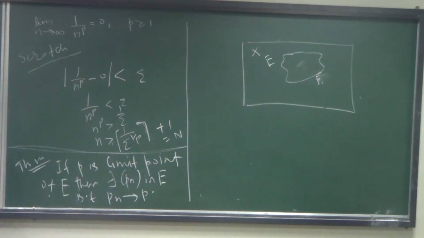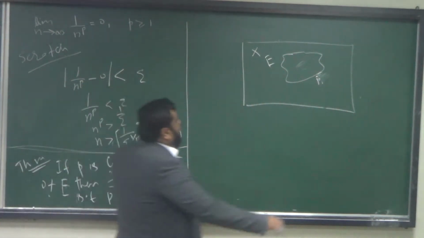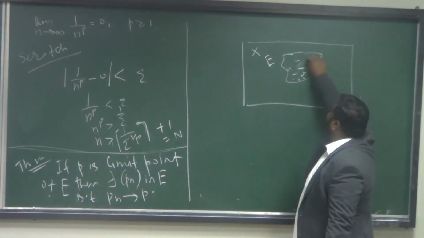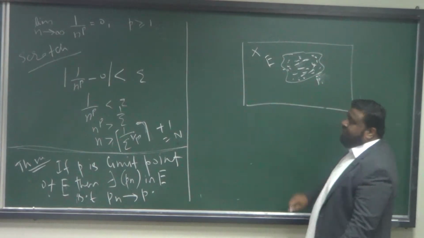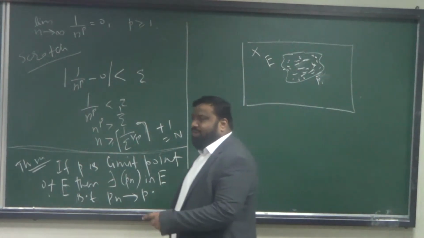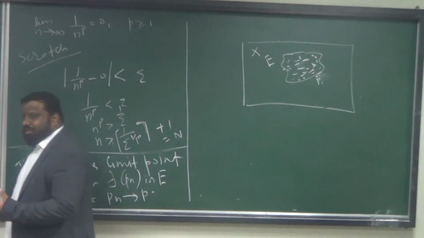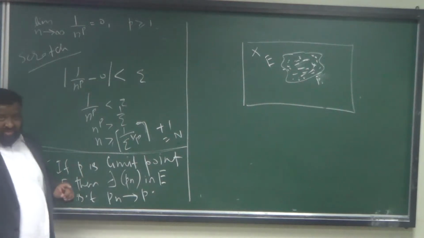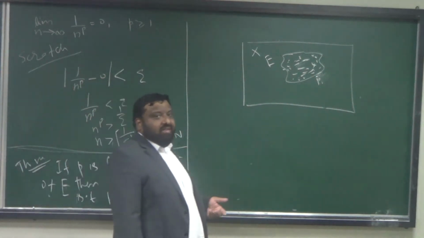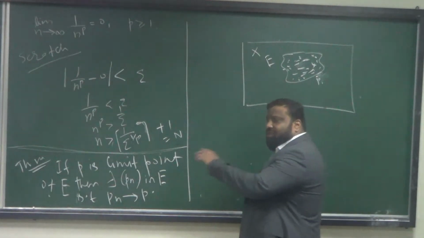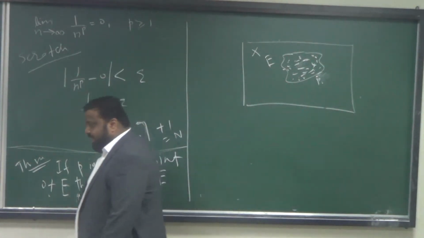There are a huge number of points here. Among these points, I have to cleverly choose some points and make a sequence, and I have to show that the sequence I have made is going to converge to that point. So what do you think it should be?